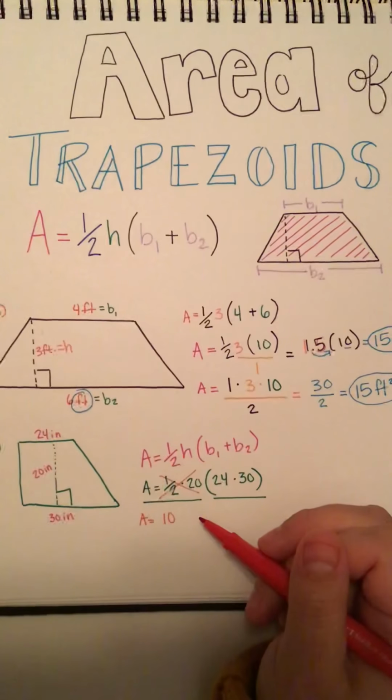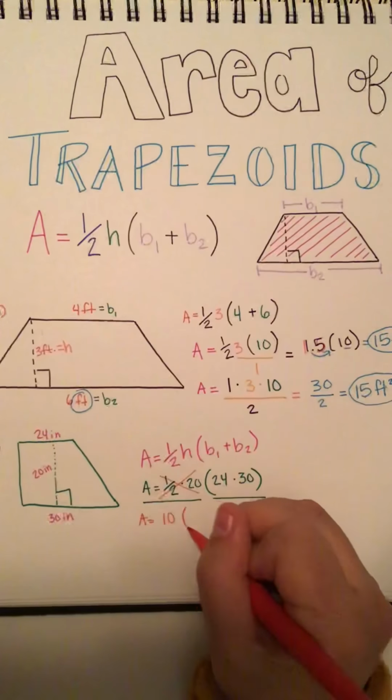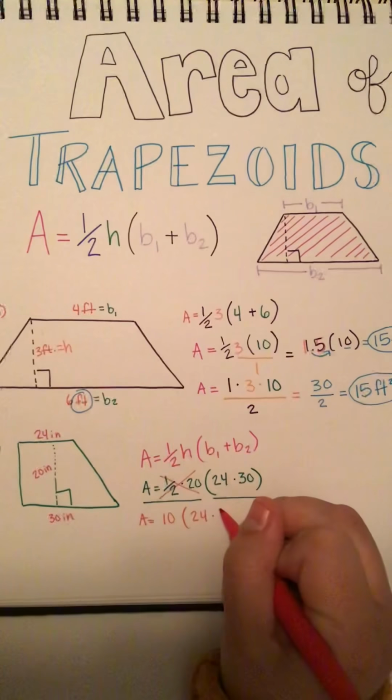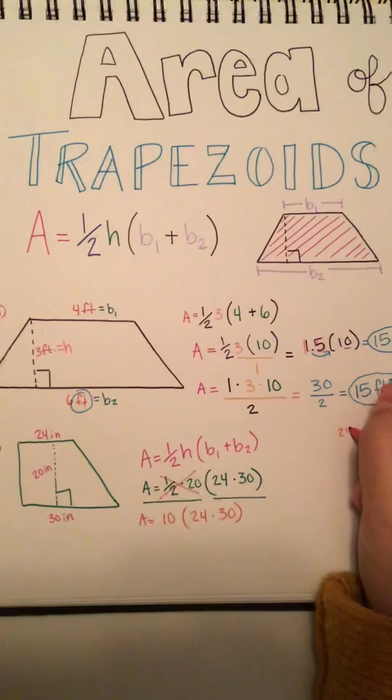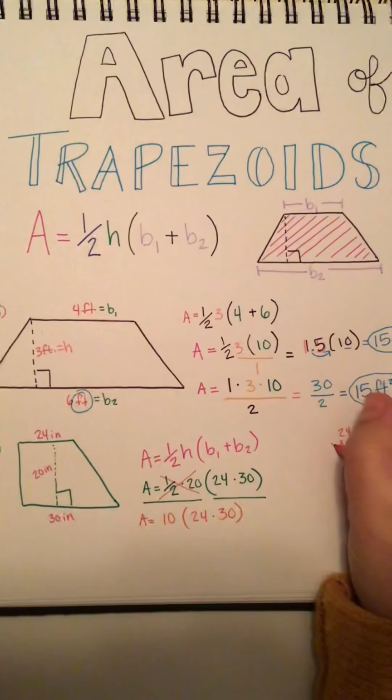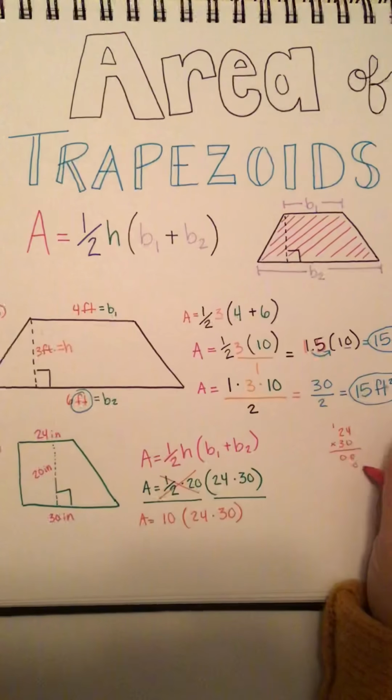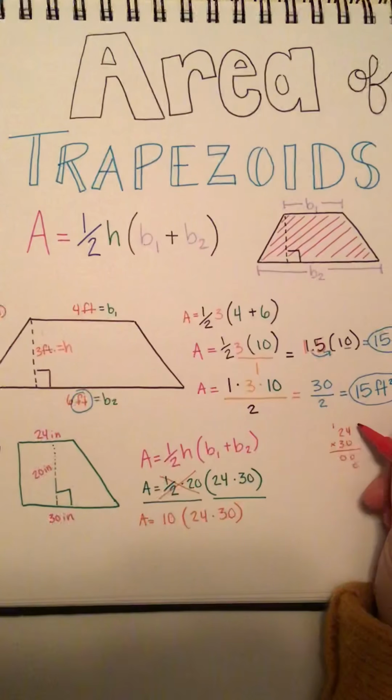Please stop shaking. Thanks. Okay, so now I need to do 24 times 30. All right, let's do it on the side. 24 and 30. Sometimes we just need to check because of the world we live in today. It's kind of crazy. Don't forget to add that 0. 3 times 4 is 12. Carry that 1.